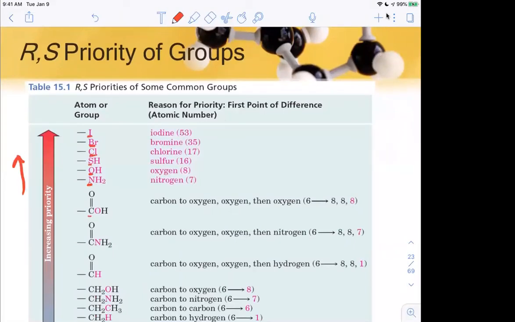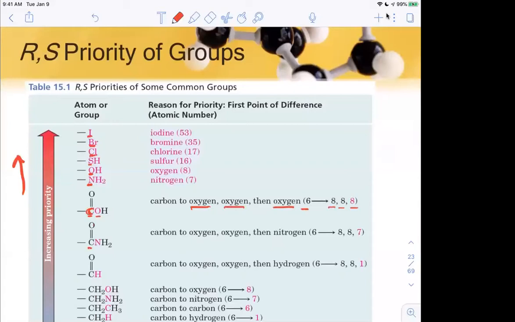If I have a carboxylic acid and I want to compare that to an amide, I have a double bond to oxygen. So I have carbon bonded to oxygen, which I count twice because it's a double bond. And then I have another oxygen, my third oxygen. So in terms of atomic numbers, I have 8, 8, 8 attached to this carbon.